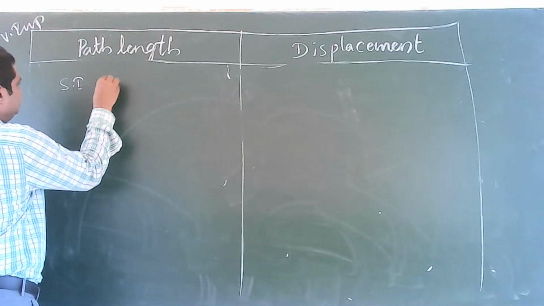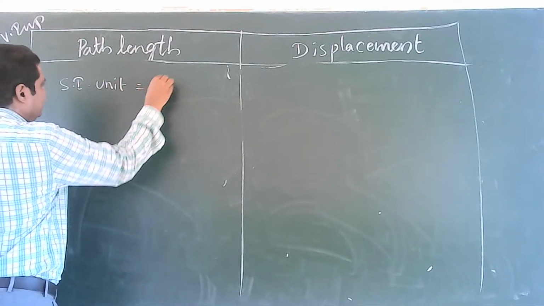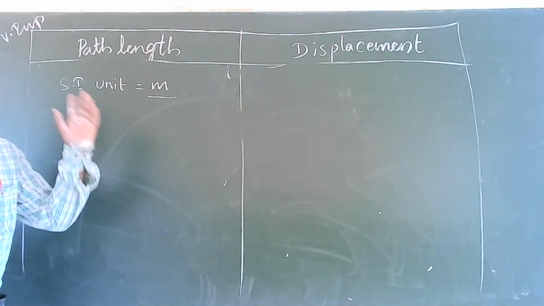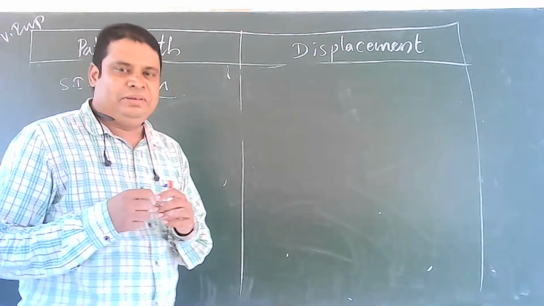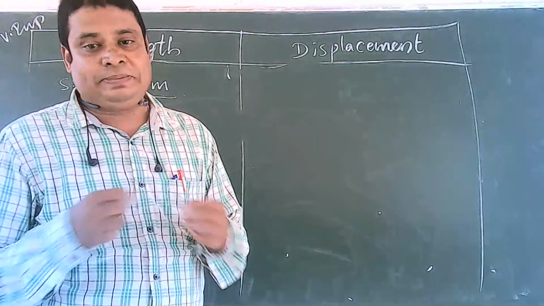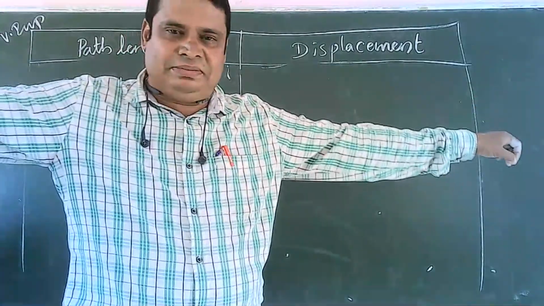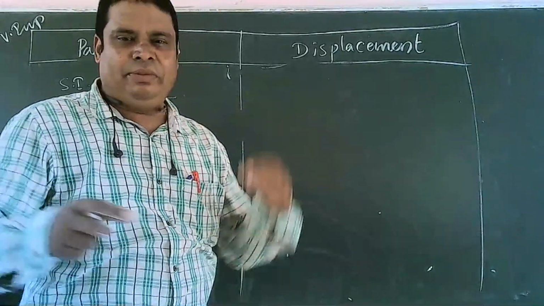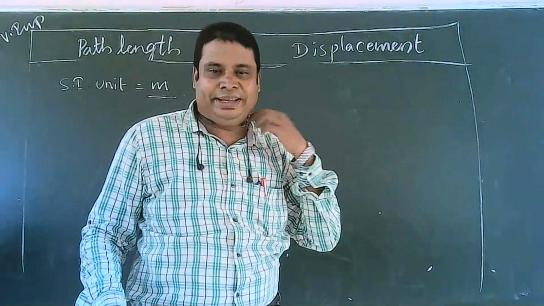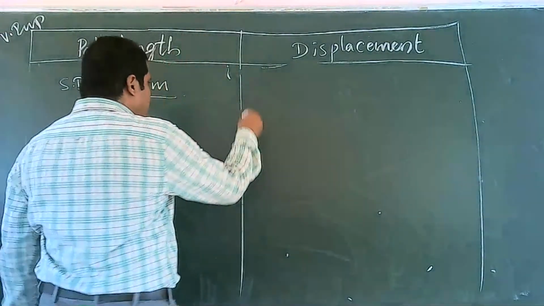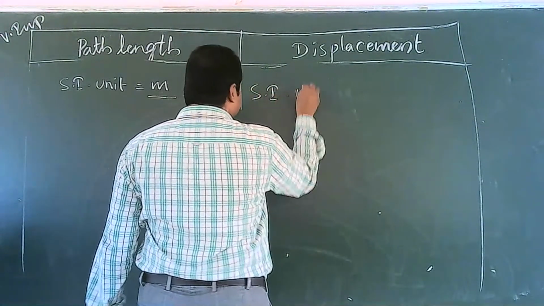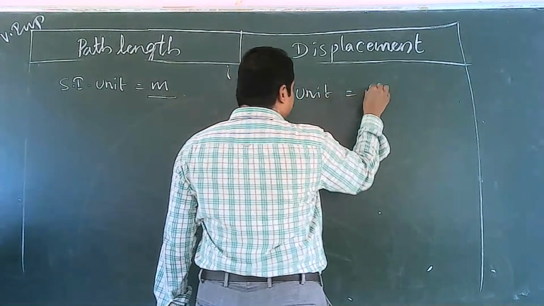Its SI unit is meter. SI unit of your path length is meter. At the end, say path length or displacement, they are distance, and we measure distance in terms of meter in SI unit. Displacement also, SI unit is meter.